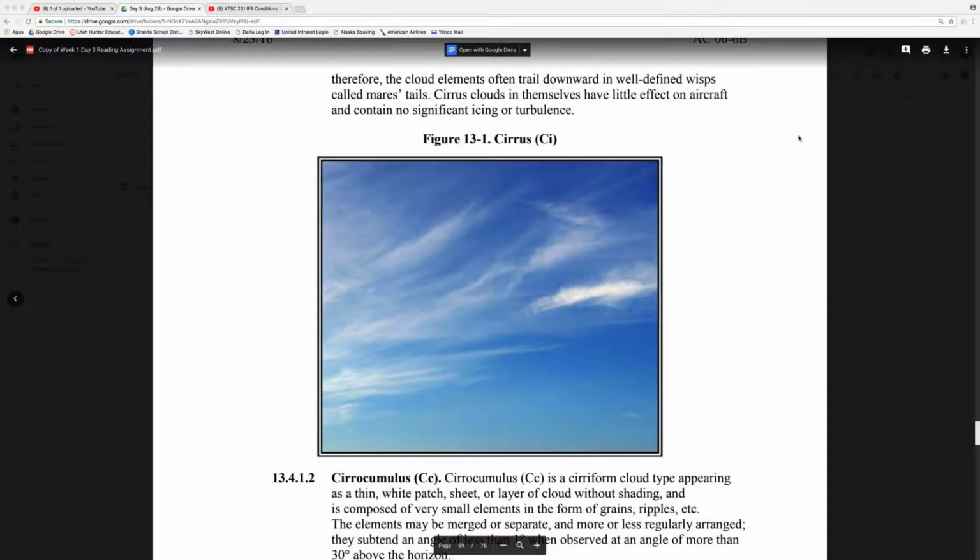But generally, these are a sign of high-speed winds, okay? That's why they're so wispy, because the wind is kind of thinning it out.